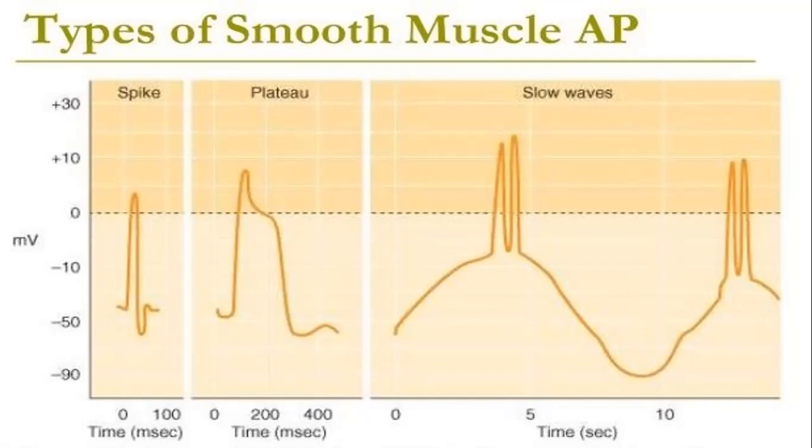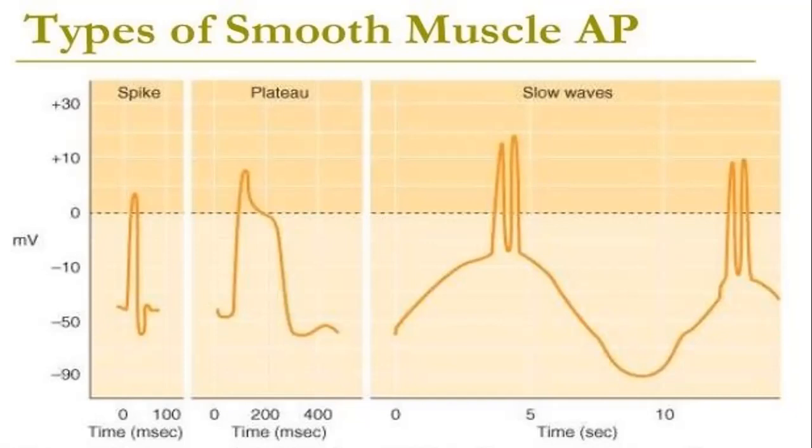The excitation-contraction coupling in unitary smooth muscle can occur with as much as a 500 millisecond delay. It is a very slow process compared with that in skeletal and cardiac muscle, in which the time from initial depolarization to initiation of contraction is less than 10 milliseconds. Here this delay can be 500 milliseconds.